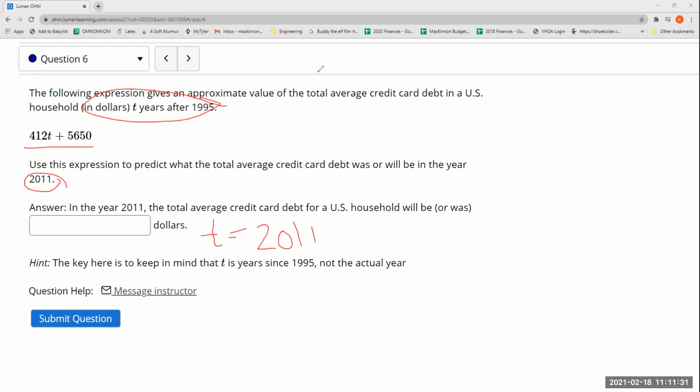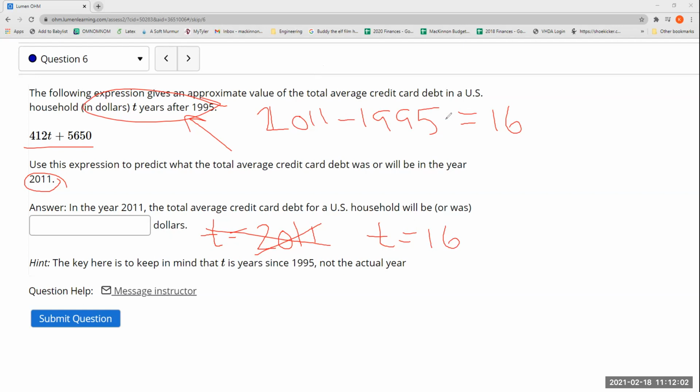If you need to, pause the video for a second and think about why that's a mistake. That's a mistake because we're saying T years after 1995. So what I need is the difference between 2011 and 1995, and I get 16. Here, the T value is actually going to be 16.